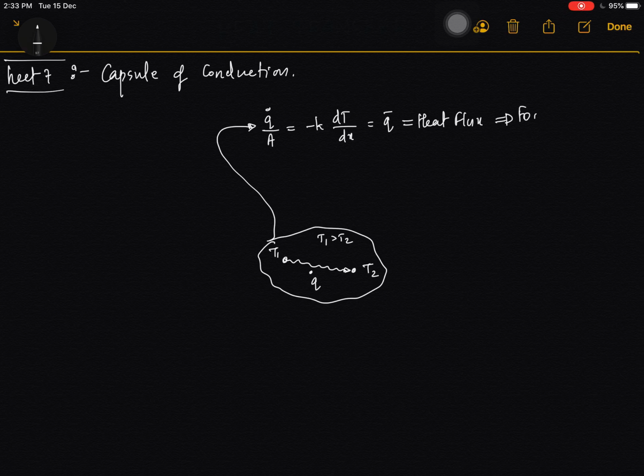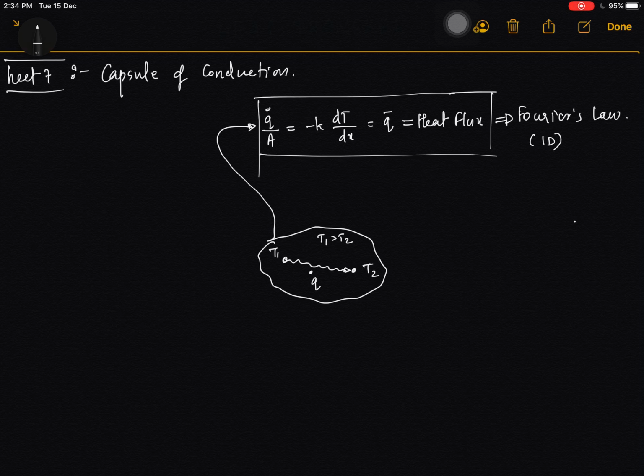This equation is called Fourier's empirical equation or Fourier's law of heat conduction. So this is Fourier's law of heat conduction in one dimension.